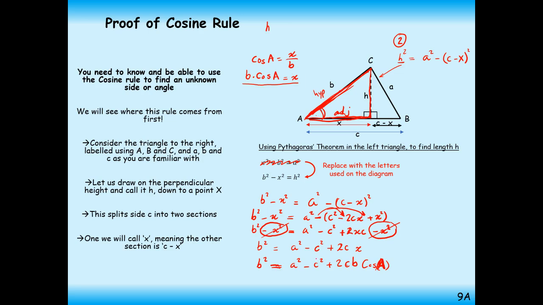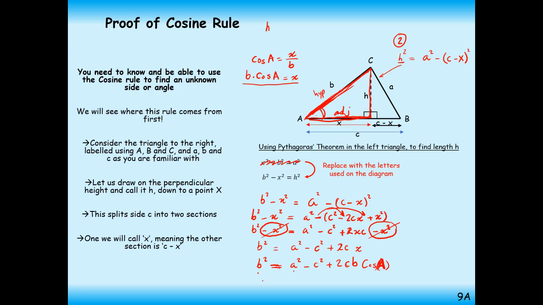Now you can rearrange it if we used another angle there. If we were measuring angle B rather than A, what would have changed is that little a and little b would swap sides. So then, to use it, you would take the square root of both sides. At the minute, if you were looking for side b, we would use this angle here.